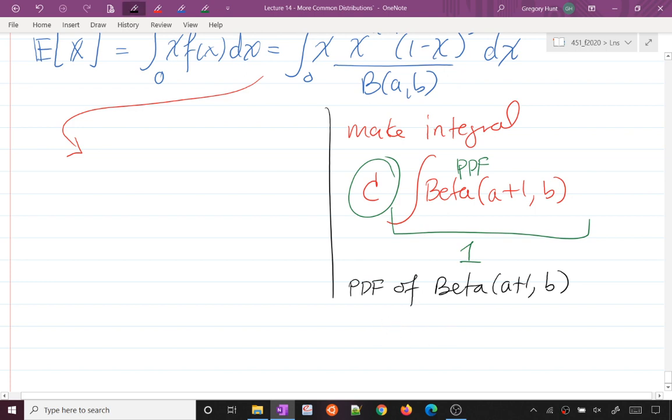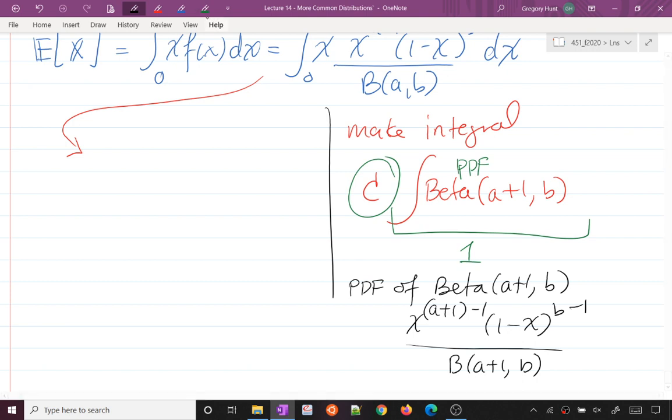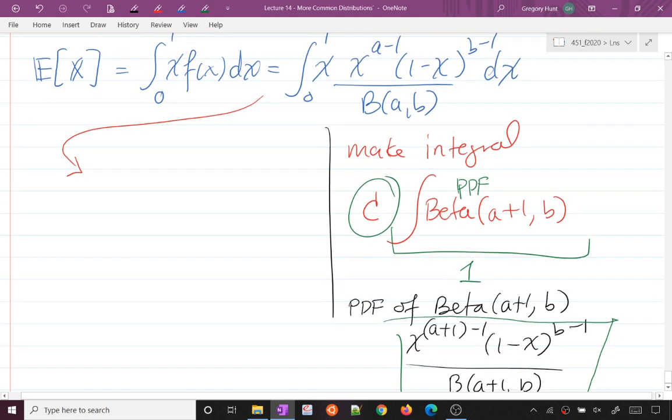It would be x to the a+1 minus 1, 1 minus x to the b minus 1, over beta of (a+1, b). Okay, so this is what I want to achieve. I want to get that form out of this form.